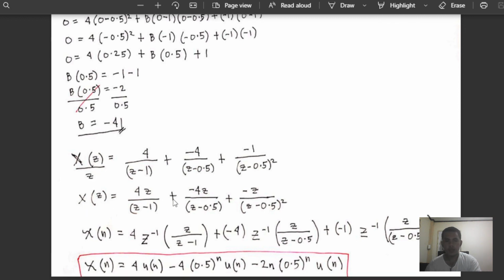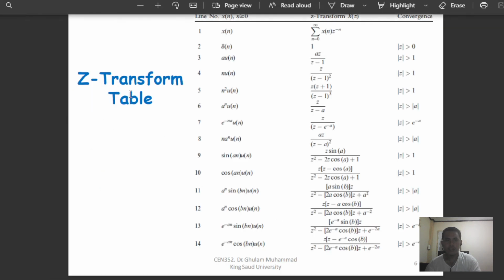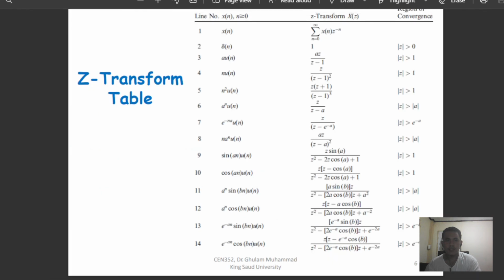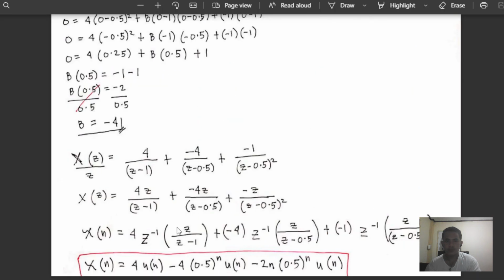So we get this equation multiplied by z. After that, find the inverse z transform of the following, because these are familiar forms in the z transform table.